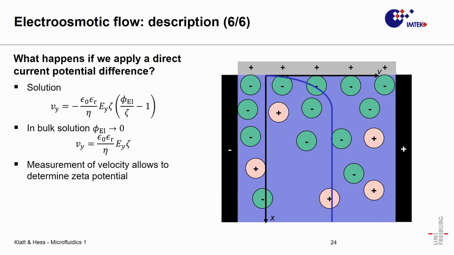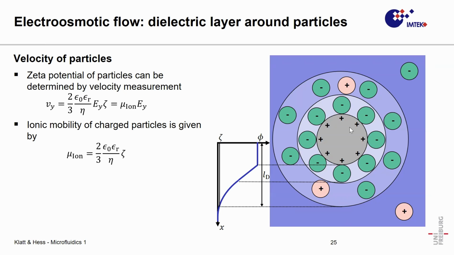Well, obviously, not only walls can have a surface charge, but also particles that are in total neutral can have a charge at the surface. And these particles can be considered in a similar way that we considered our walls in video 2 and in this video.